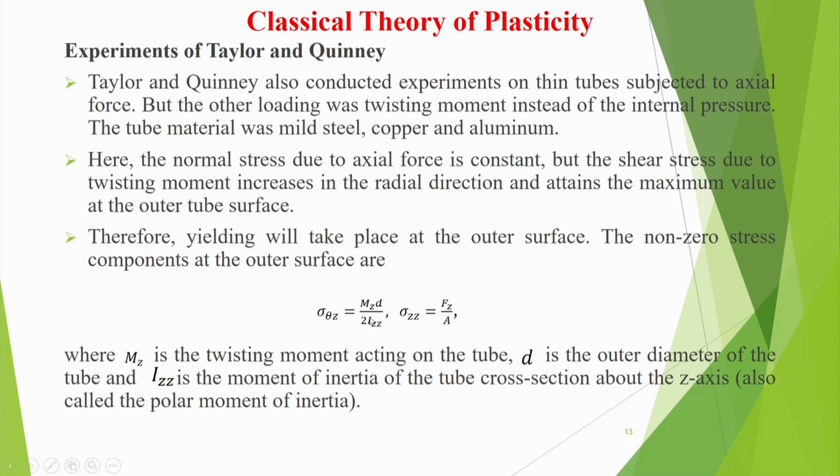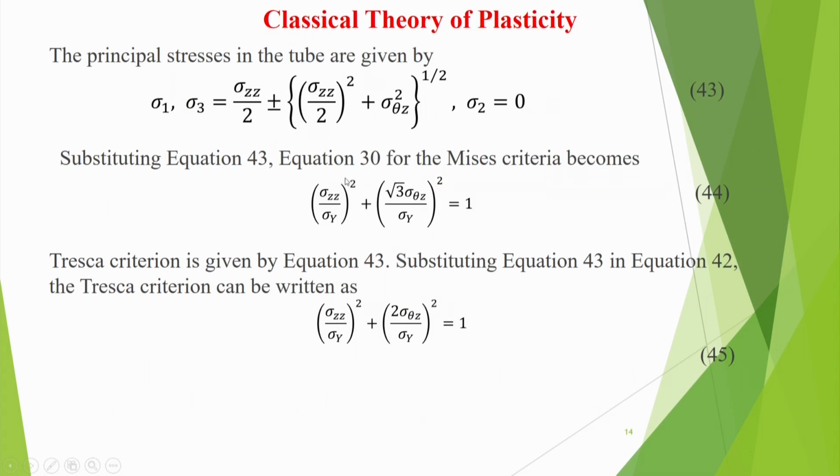This is given by this expression: Mz is the twisting moment and Izz is the moment of inertia, and sigma zz was Fz by A. And then the principal stresses in the tube are given by sigma 1, sigma 3 and sigma 2 equal to 0. Then the von Mises criteria becomes like this, and the Tresca becomes like this.